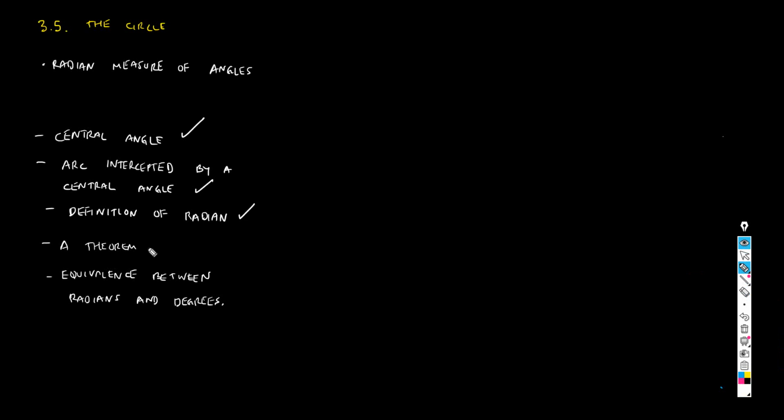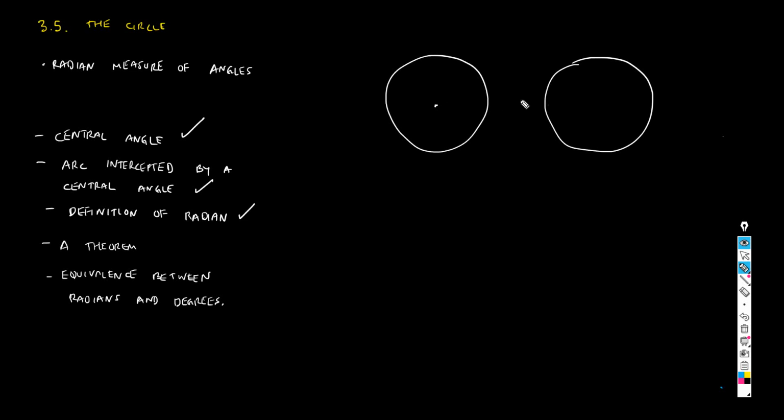Now let me tell you about one theorem, which we're gonna use in the next bullet. It's a very simple theorem. If you have two circles of the same size, although they don't have to be the same size, but let's just keep them the same size, and if you draw two different central angles, I'm gonna draw this central angle in here, and this central angle in here, and I'm gonna make this angle twice this one.